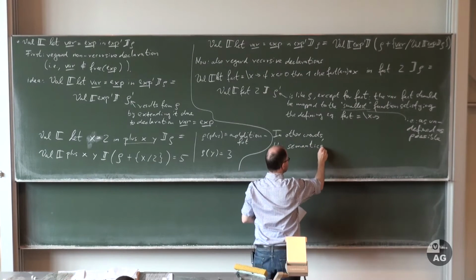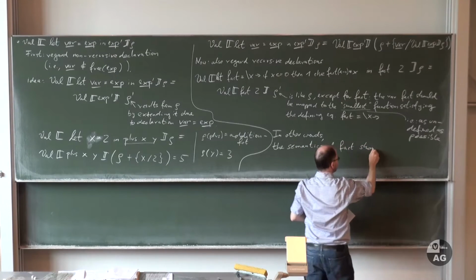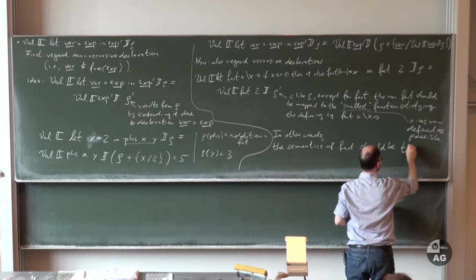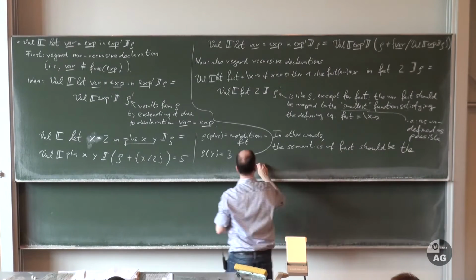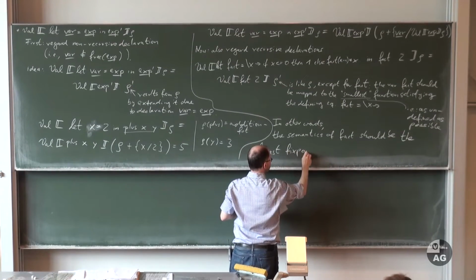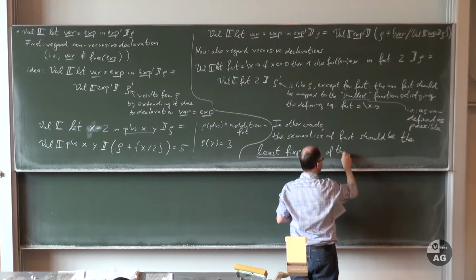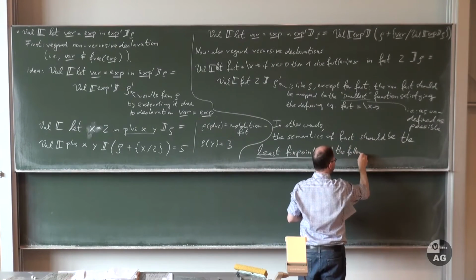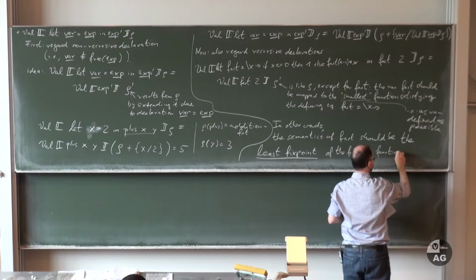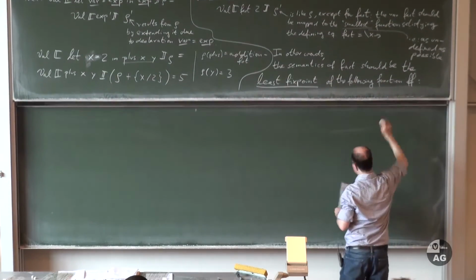So the semantics of the variable fact should be the least fixed point of the following function ff. And what does this function do?